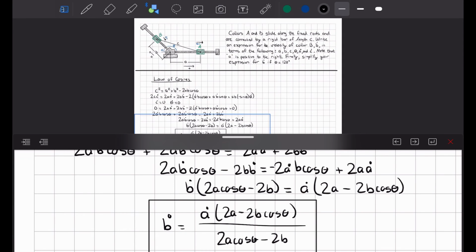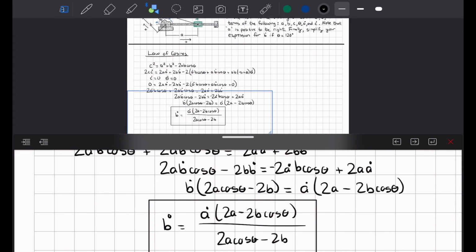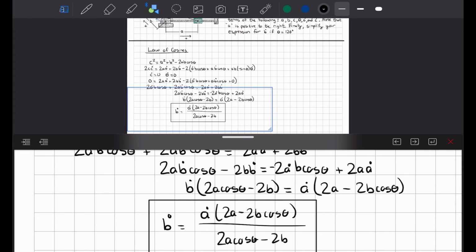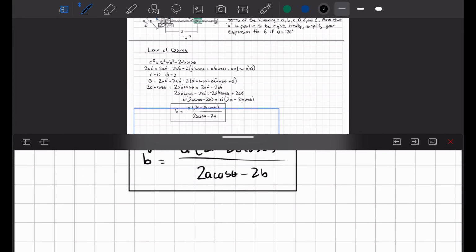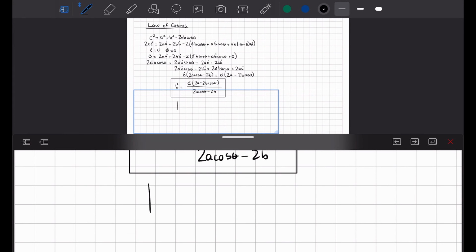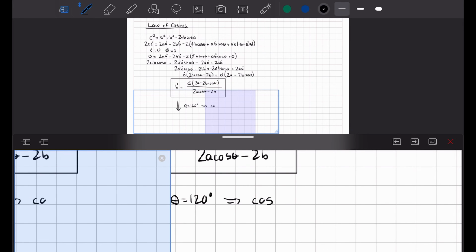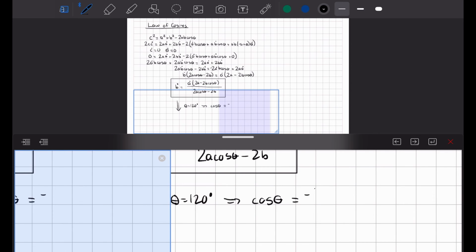However, the problem also wanted us to solve if theta was 120. And that's pretty simple to solve. So if theta is 120, cosine theta is negative 1/2, right?